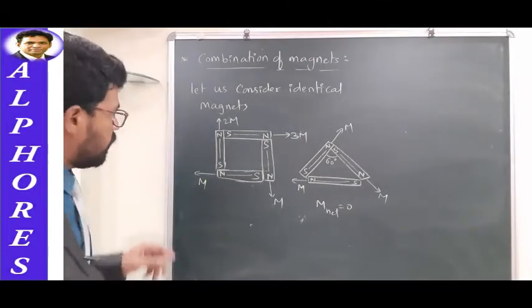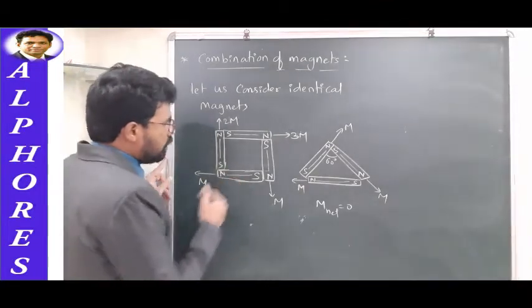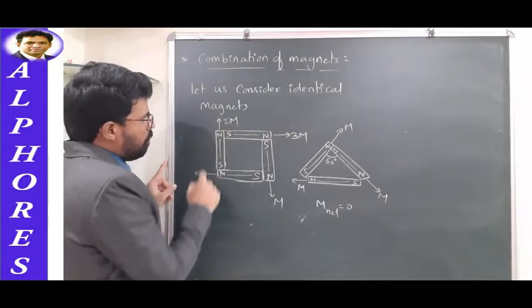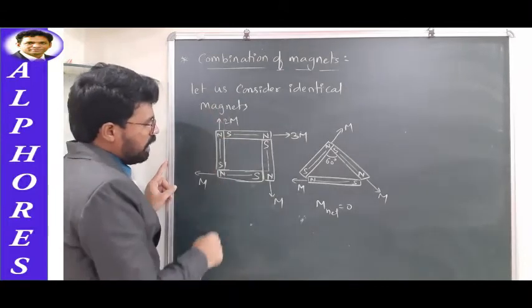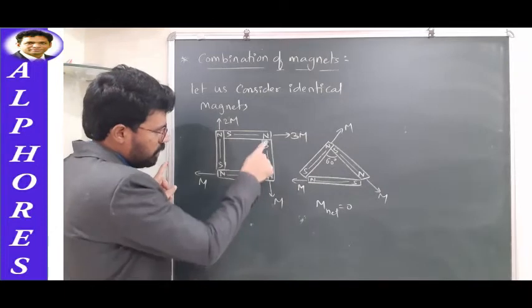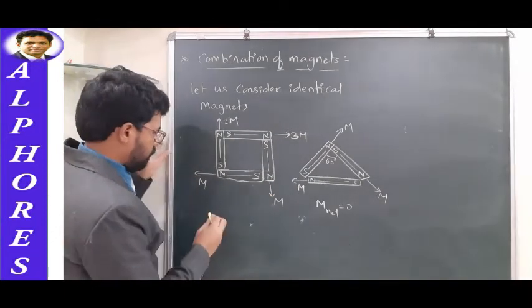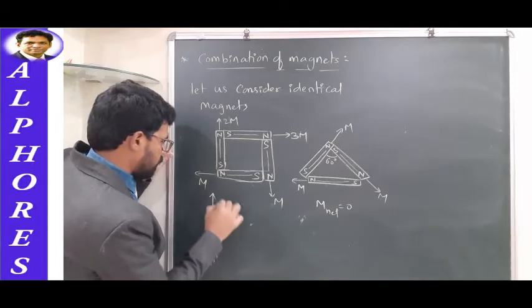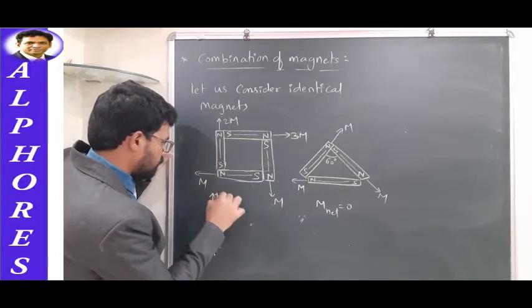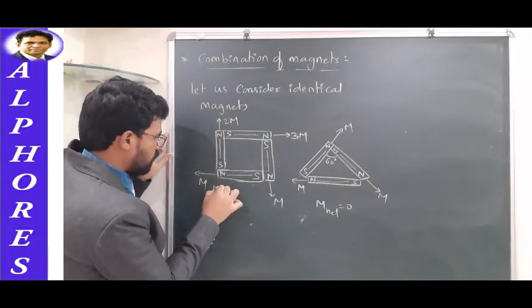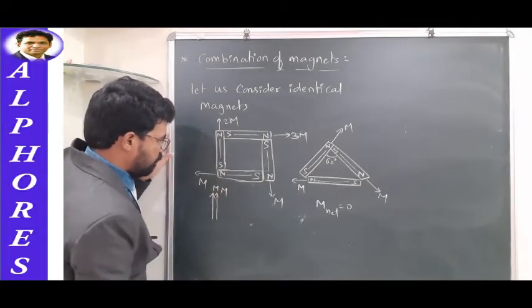To find the resultant, I will redraw the picture here. Whatever 2m is there, in that 2m, 1m gets cancelled because of this m, because this m is in the downward direction. I will draw a diagram separately. Corresponding to this 2m, 2 arrow marks were drawn, m and m.